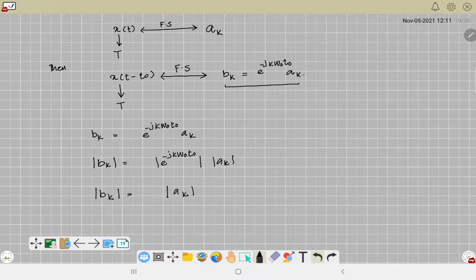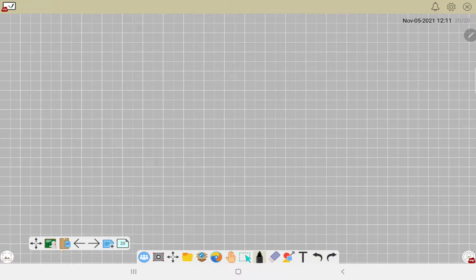Okay. So whenever a periodic signal is shifted in time, the magnitudes of its Fourier series coefficients remain unaltered. उसमें कोई change नहीं आएगा. हाँ, in general, they will be related like this. So magnitude wise, they will stay the same. Okay. So this was the second property, the time shifting property.